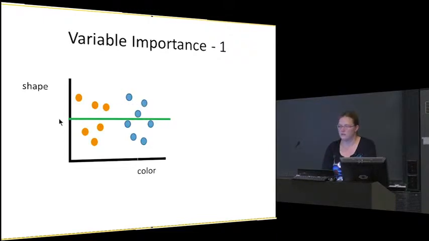If my decision boundary is here from the split from my decision tree, and I scramble the shape feature, nothing happens. If I scramble only the shape feature, the color stays the same. So this point here would land anywhere on this line here that is parallel to shape. Maybe these two points here switch.